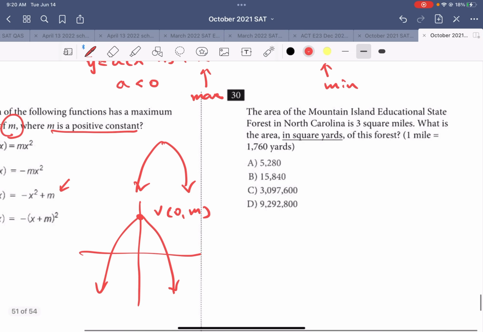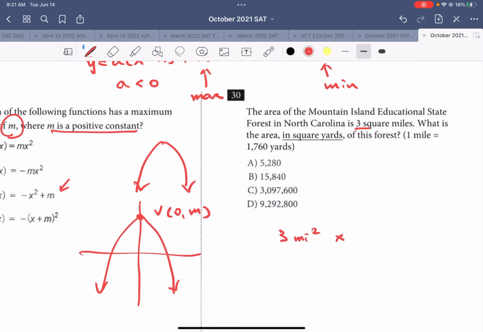Number 30. The area of Mountain Island Educational State Forest in North Carolina is 3 square miles. What is the area in square yards? So they ask you for a different unit. You can say 3 square miles, and 1 mile is 1760 yards. So what is a square yard?